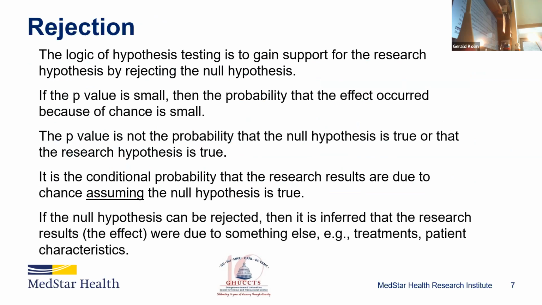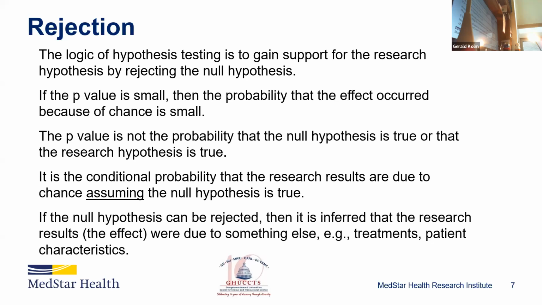And so what we want to do is reject the null hypothesis. The logic of that is that if we can reject the null hypothesis, then we gain support for the research hypothesis. So if the p-value is small, then the probability that the effect occurred because of chance is small. What a p-value is not is the probability that the null hypothesis is true, or the research hypothesis is true, or the null hypothesis is false, whichever way you want to say that.